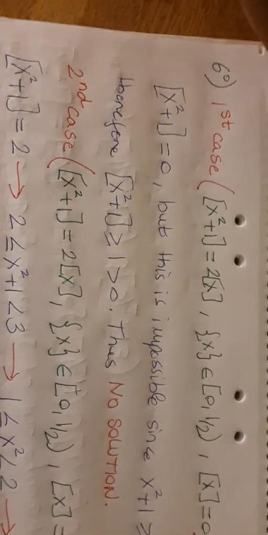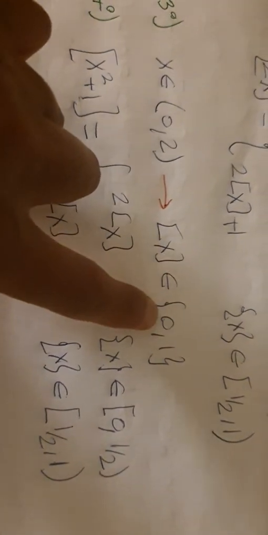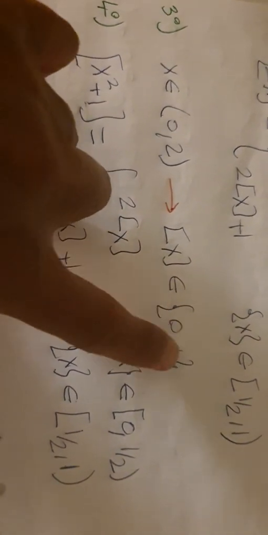So, since we have this new equation, either equal to this or equal to that, and we know that the integer part of x can take two values, 0 or 1, which means that we have four cases to take care of.